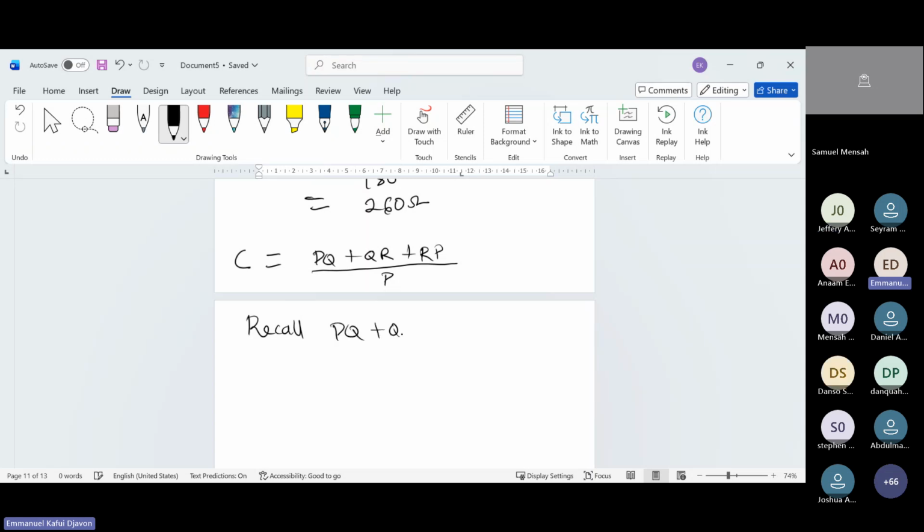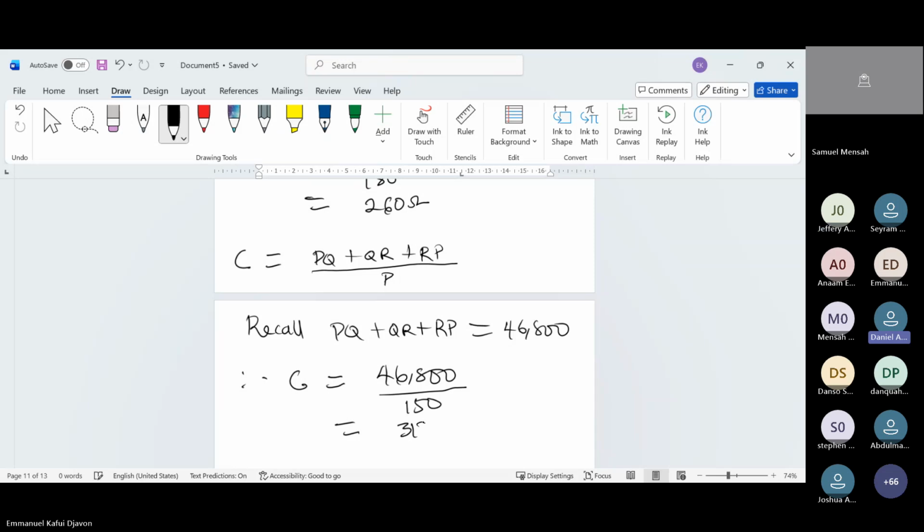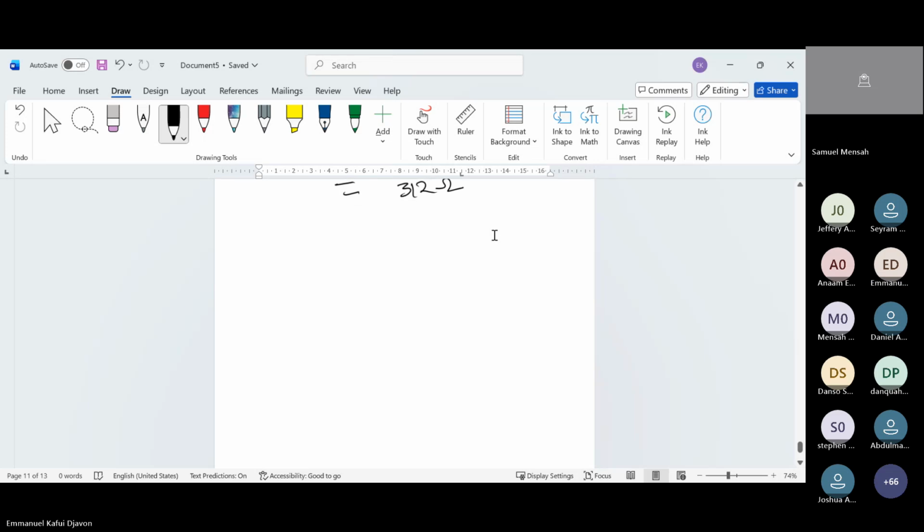PQ plus QR plus RP is equal to 46,800. So therefore, C will be equal to 46,800 divided by 150, which will give us 312 ohms.